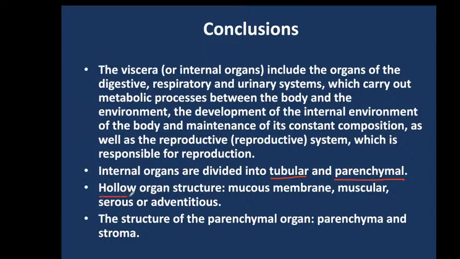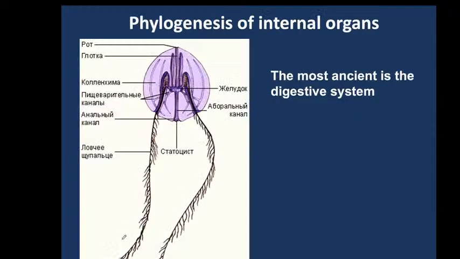Hollow or tubular organs usually have four layers: mucous, serous, and muscular. Between the muscular and mucous layers there is the submucosal layer. This is the fourth one. And parenchymal organs have parenchyma and stroma. This is a combination of parenchyma and stroma.